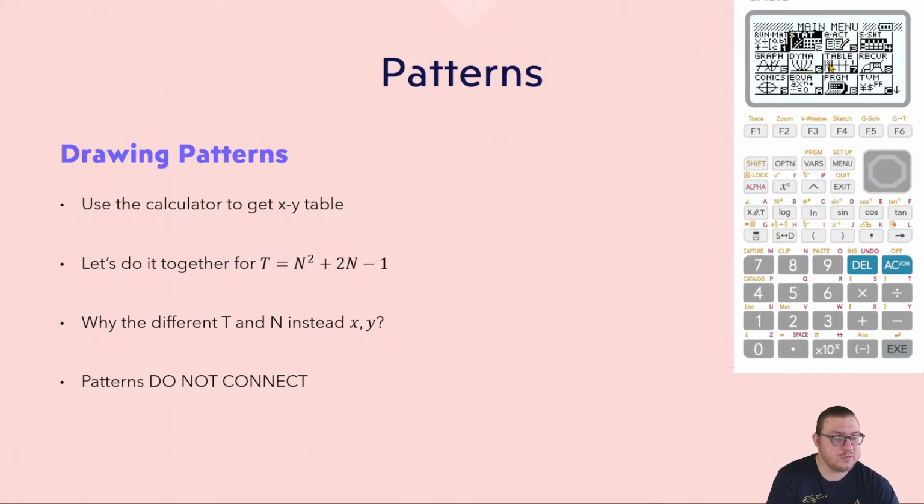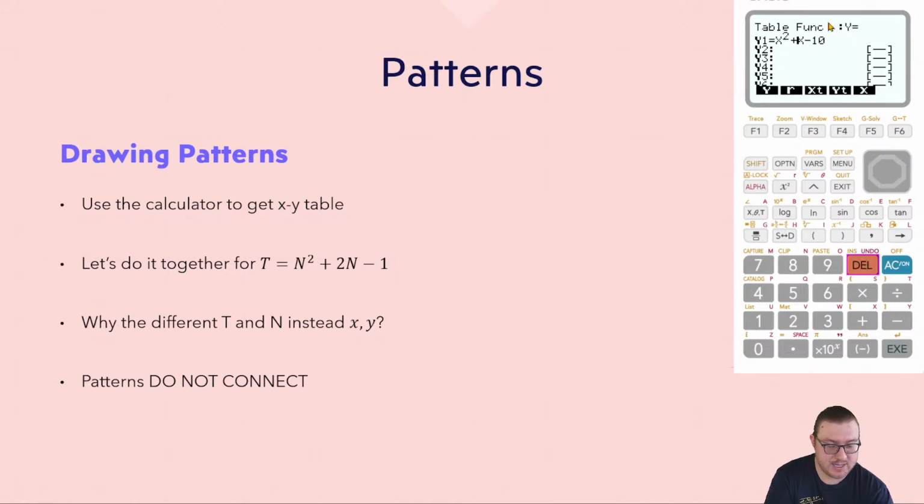And we want to now go to table number 7 on my calculator because we want to output a table. And what we're going to do is substitute in that equation that they have given us. In this case, it was x squared plus 2x and let me check, minus 1.